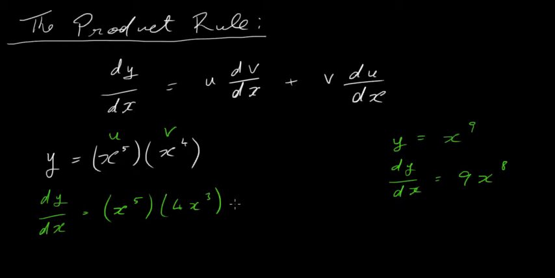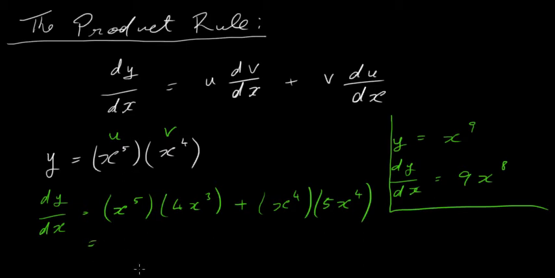Okay, so plus v, so we need to write down v here, which is simply x to the power of 4. And then we want to write down du/dx. So we want to take u and differentiate it with respect to x. Differentiating u here, we get 5x to the power of 4. And that's it. It doesn't quite look like the answer yet, but let's see if we can simplify it.